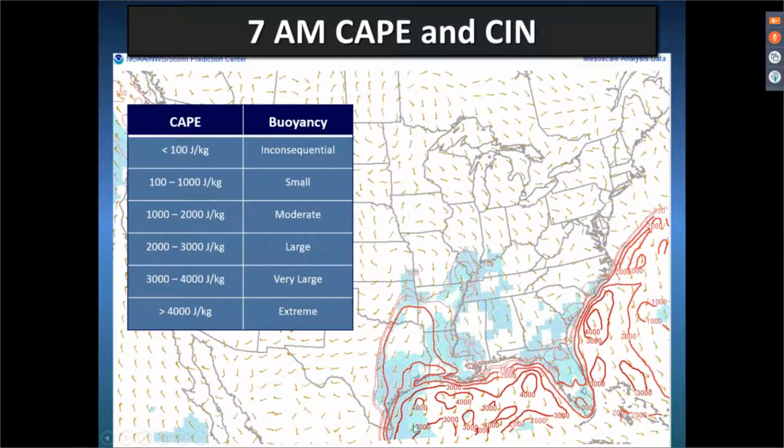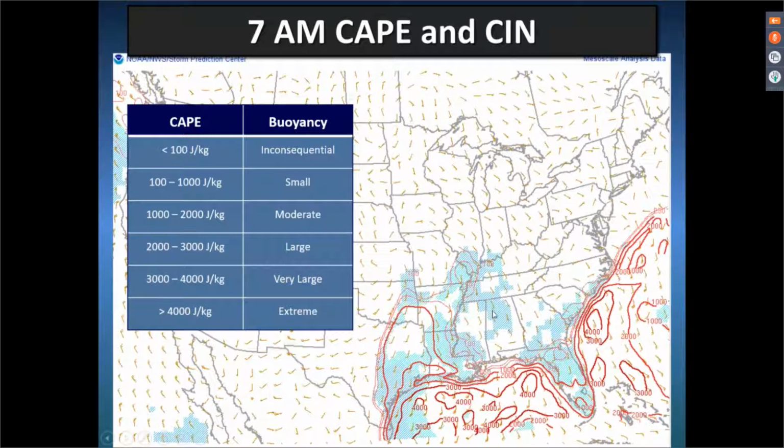So there's a lot of instability down here in the Gulf of Mexico. Remember, I said anything over 2,000 is a large amount of CAPE. So we're talking 4,000, that's extreme amounts of instability. So there's a lot of warm and humid air down in the Gulf of Mexico.